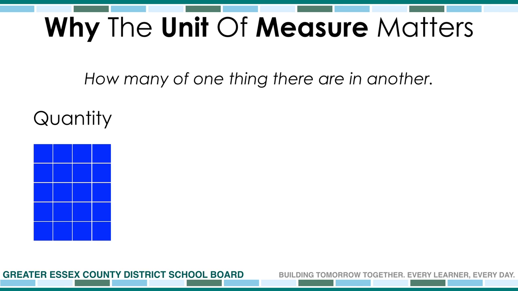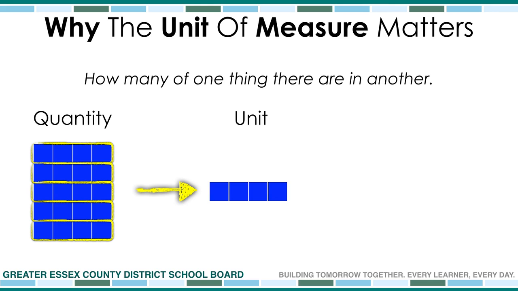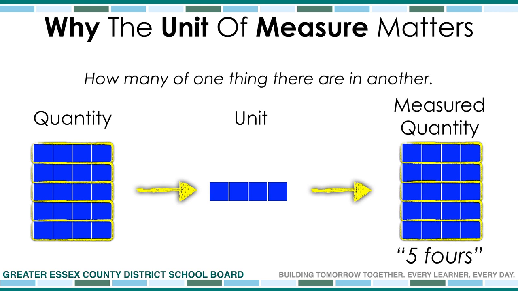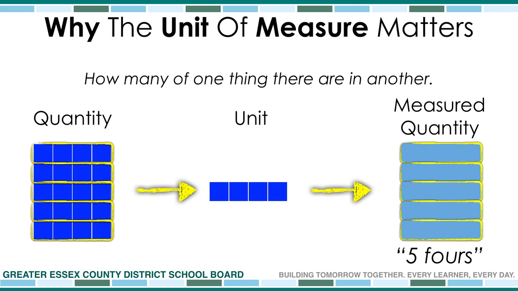Numerical responses alone are simply not good enough, especially as the complexity increases with each passing year in mathematics. If we ask the student who said 5 what unit of measure was used, they might say 4 squares. And in that case, if we count how many groups or units of 4 squares there are, you'll find that there are 5 groups of 4 squares, or 5 fours.